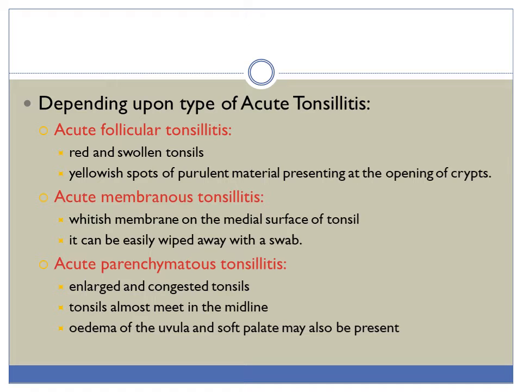Acute parenchymatous tonsillitis will show large congested, that is erythematous, tonsils, which are enlarged enough to come and meet in the middle. Edema over the uvula and soft palate are also common presenting features.